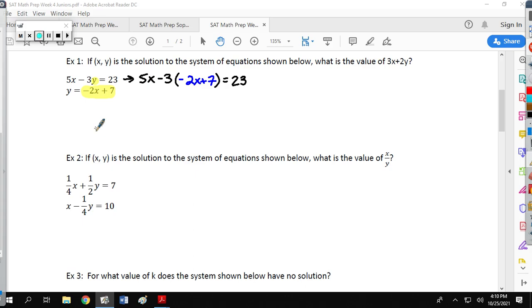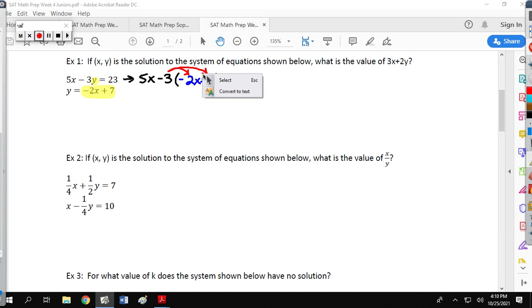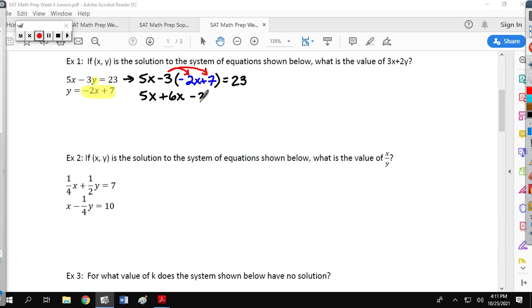So now we're going to solve that equation for x. The first step is to distribute the negative 3 through the parentheses. Negative 3 times negative 2, negative 3 times 7. That would give us 5x plus 6x minus 21 equals 23.